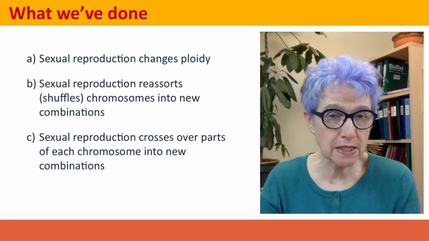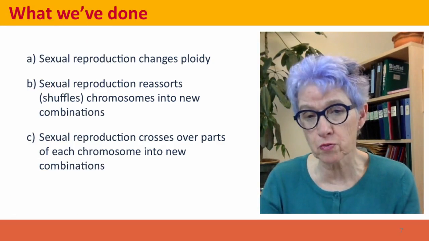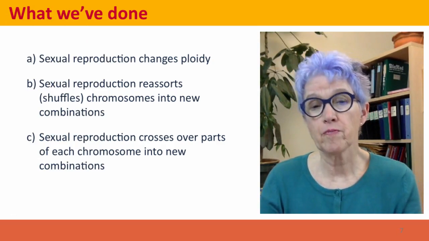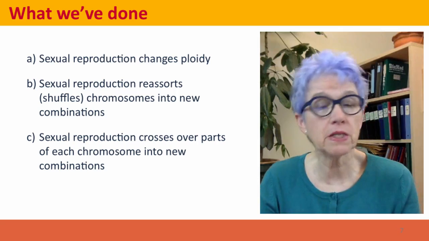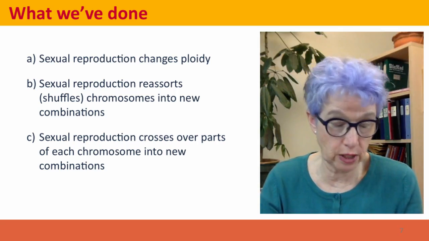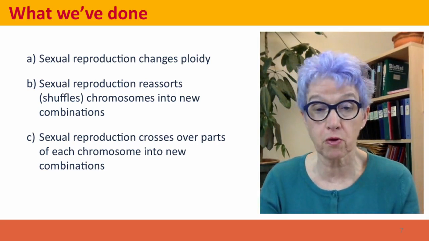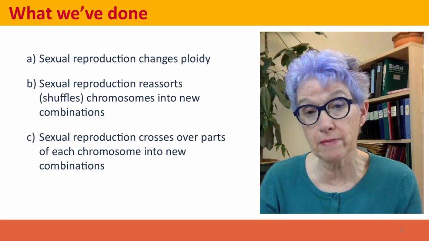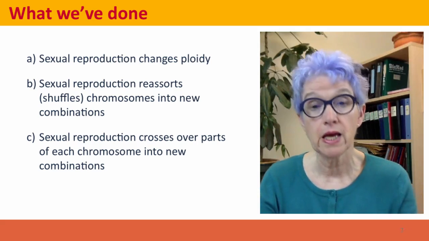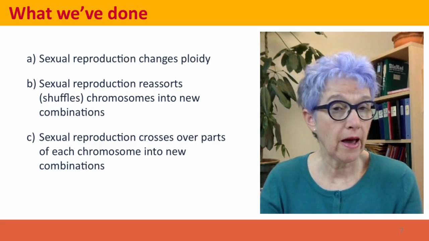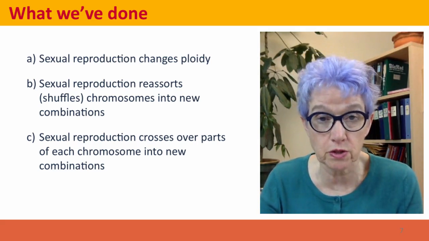So, as I said, we'll be discussing this in much more detail later in the course. But for now, you simply need to understand that sexual reproduction changes the number of sets of chromosomes, the ploidy of our cells, so that our gametes have a single set of chromosomes and our body tissues have two sets of chromosomes.